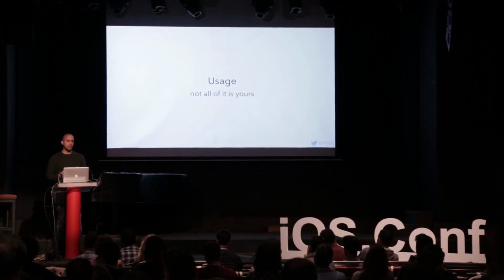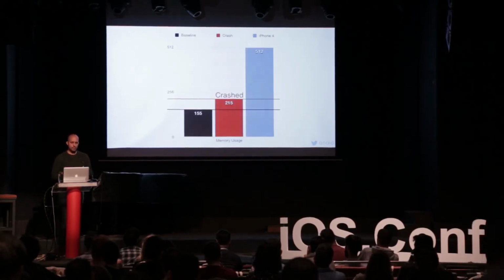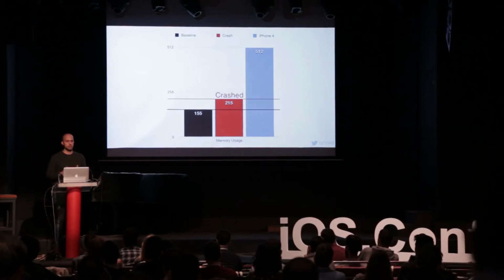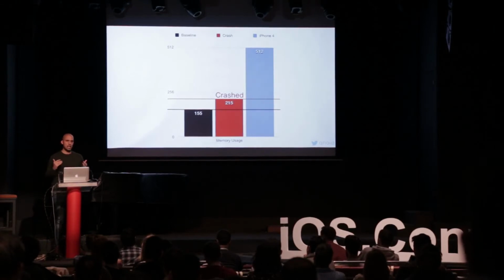And to give you an example from a real-world experience that I had, because these numbers are not fixed. This is a graph of an iPhone app that's been profiled on an iPhone 4. On the left, you see what we call the baseline memory usage, and I'll come to that on the next slide.